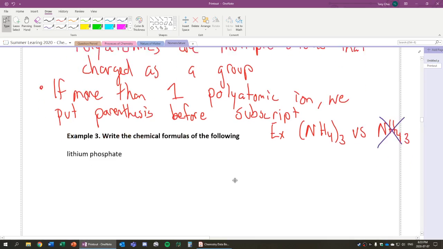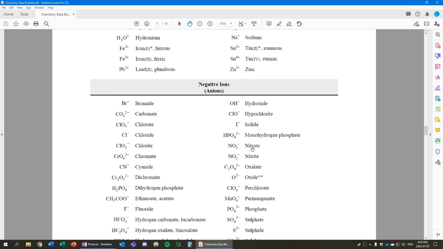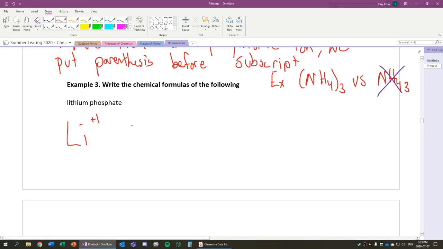so let's look at the first example. In our first example here, we have lithium phosphate. Okay, let's take a look at this. Lithium is Li. It has a charge of +1. Phosphate is right here. It's PO4 3 minus.